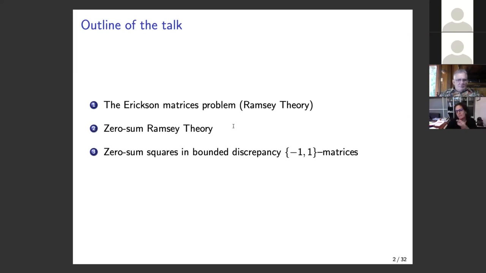I want to emphasize the philosophy of the theory, and I want to contrast the differences and similarities between classical Ramsey theory in this setting and the variants that I work on or that I really like. After that, I will come back to the particular problem that we attacked and present the result that we got.